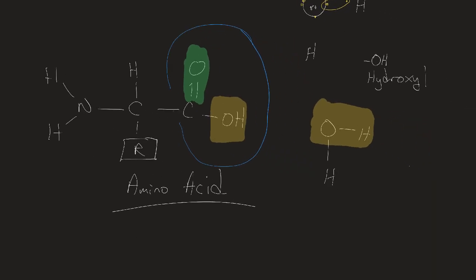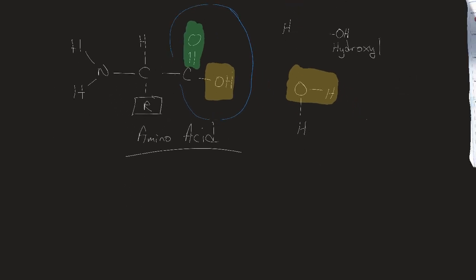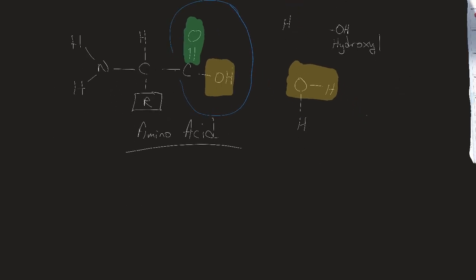All right. They call it an acid because this hydrogen can leave and become H plus. If this is an H plus, it increases the acidity of the solution it's in, because pH, or how acid something is, is the negative log of the hydrogen ion concentration.